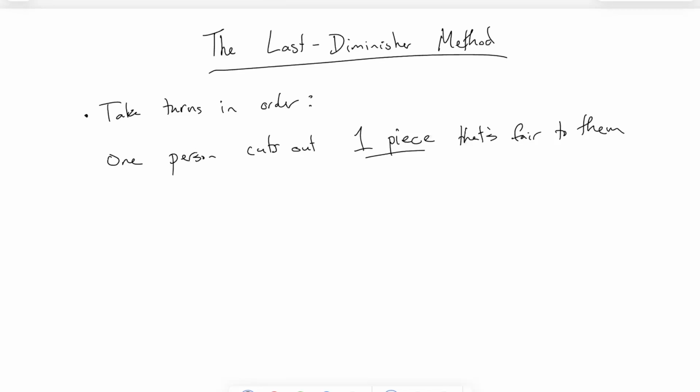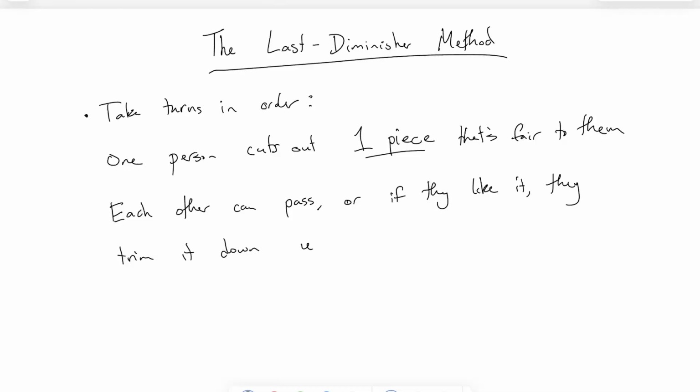And then the others each get a chance at it, and the others can either say, I don't like that one, or if they do like it, each other person, in order, can pass if they don't like it. If they like this piece, they trim it down until it seems fair to them.